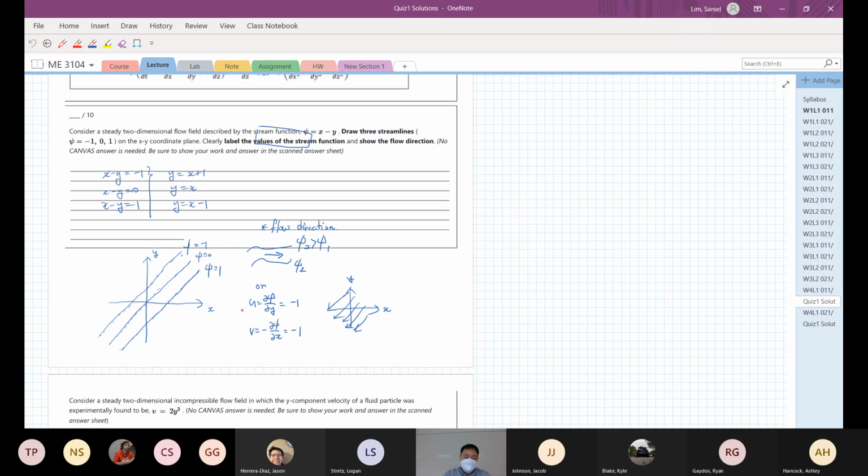Then you find u is equal to -1, which means within the xy coordinate system, this direction, and v is -1, this direction. By combining them together, it's going to have an angle of 45 degrees.